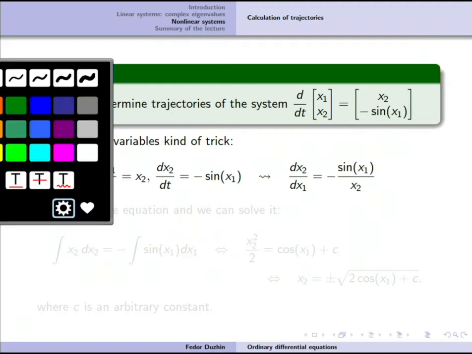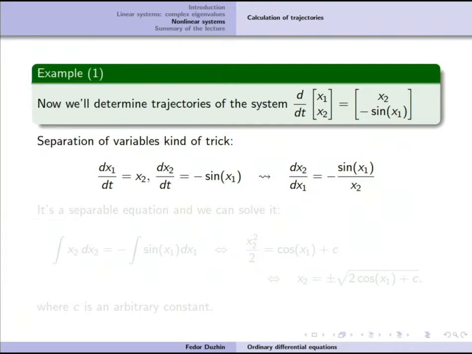The reason it works is that, recall, it is calculus, so dx1/dt is not a division. It is differentiation.